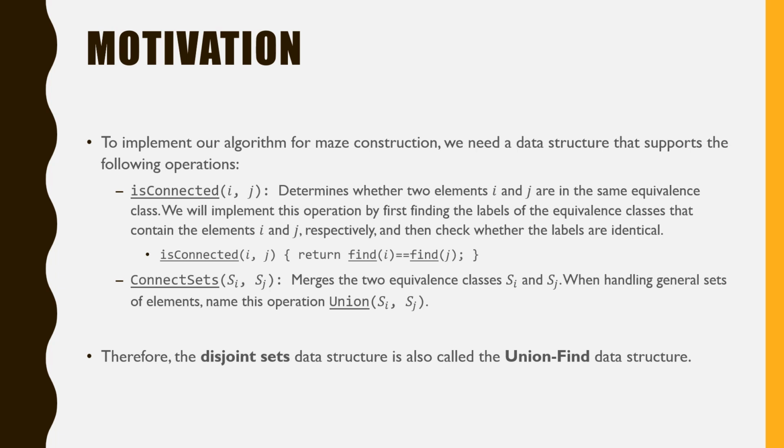The operation connectSets merges two disjoint sets Si and Sj into a single set, which is known as the union operation in general. Because the union and find operations are central to disjoint sets, it is also called the union-find data structure.